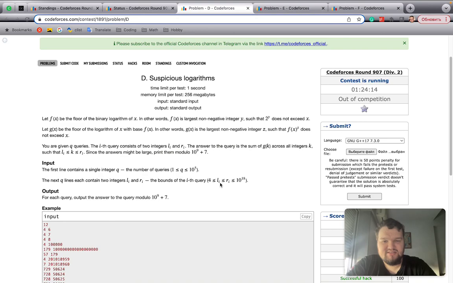So our x starts from 4, so logarithm starts from 2.